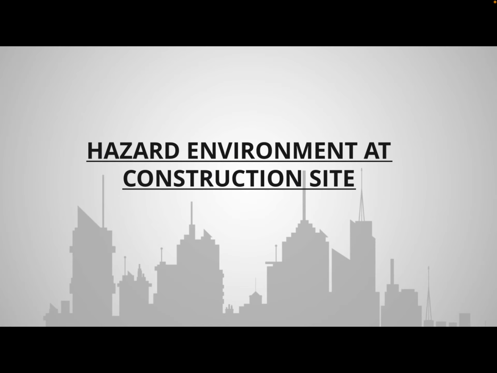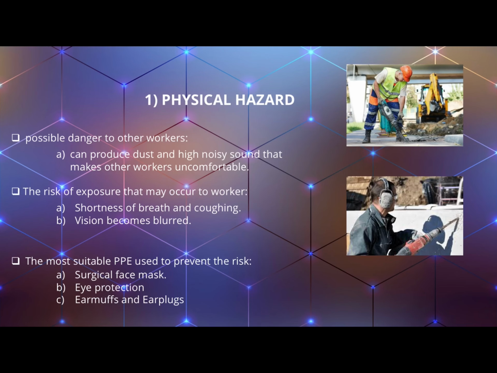Hazard environment at construction site. First is physical hazards. An example of a physical hazard is drilling the ground. The possible danger to other workers is that it can produce dust and high noise that can make other workers uncomfortable.